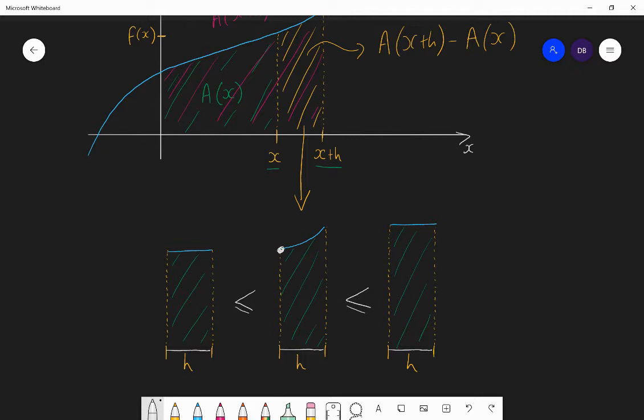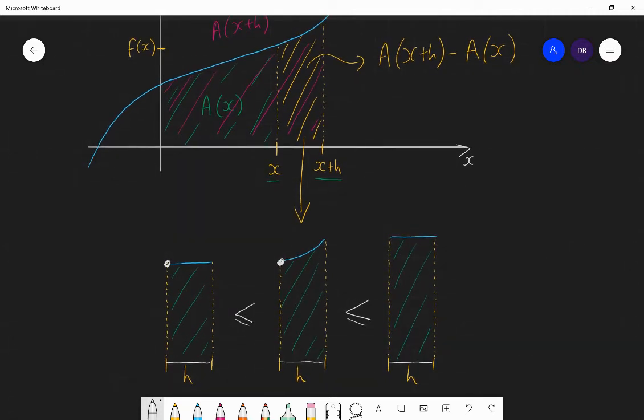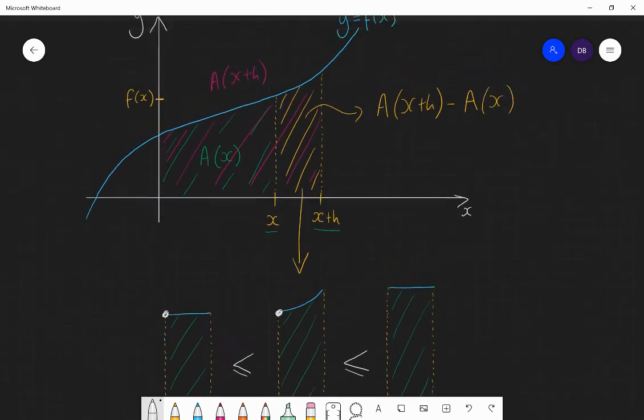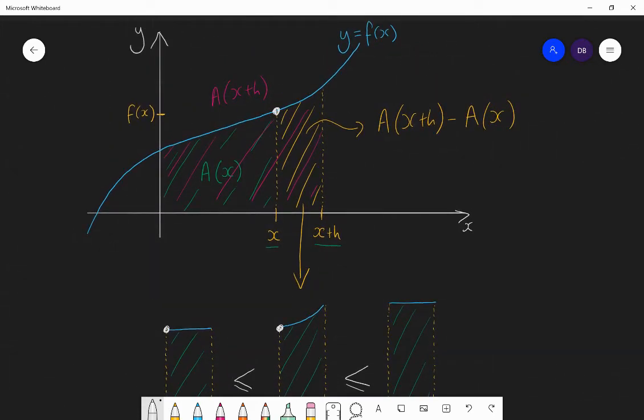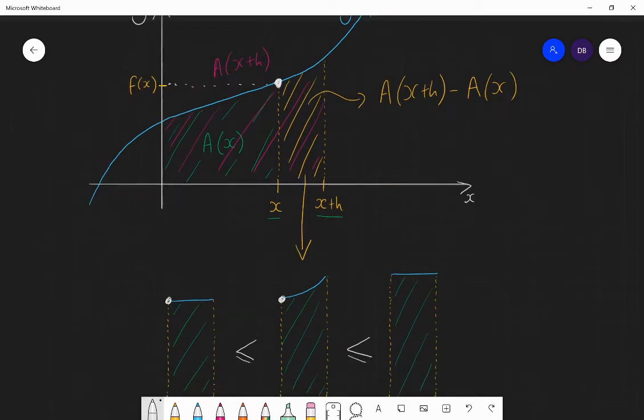I've done that on the left. I've taken the lower y value as the top of the rectangle, and that area is h across. If we take the lower y value, that lower y value is f of x, as you can see, f of x is the y value when we substitute x in.